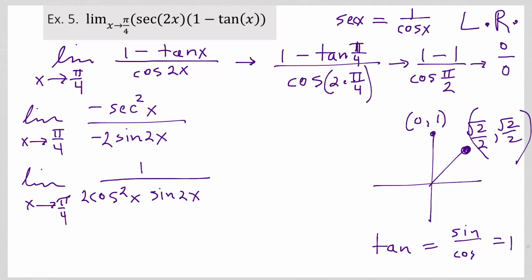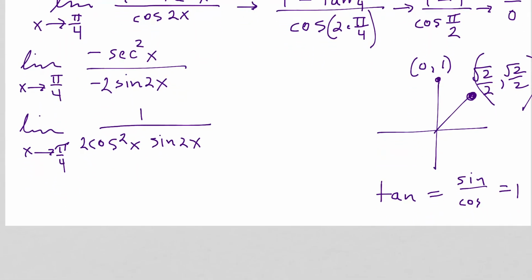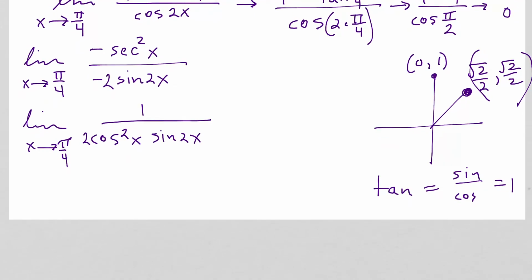All right? Now let's try to evaluate this by substituting pi over 4 and see what we get. So this will give us 1 divided by 2. So the cosine of pi over 4 we said was root 2 over 2. So that means I've got the cosine squared. And then I've got the sine of 2 times pi over 4, which is pi over 2.